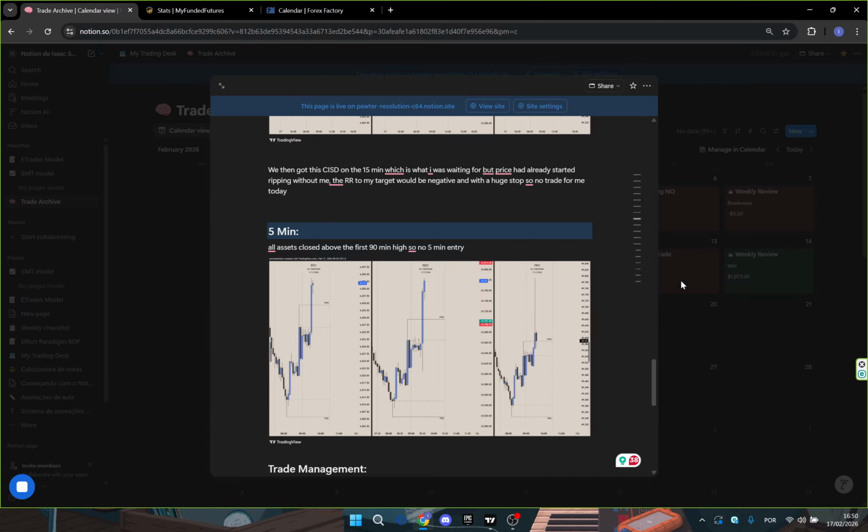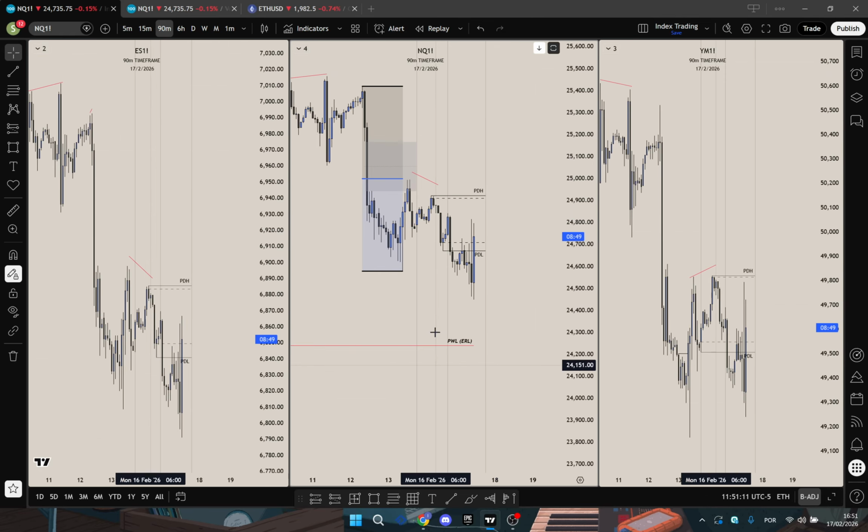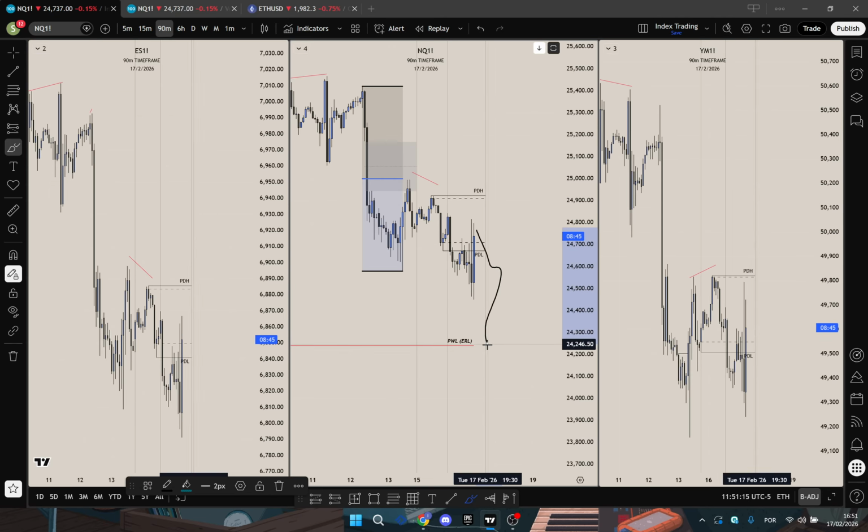Overall, this was an interesting day because it was exercising discipline. I had a pretty clear view of where I wanted the market to go. I had a pretty clear conviction that the market was going to continue to sell off to these lows here, previous weekly low.